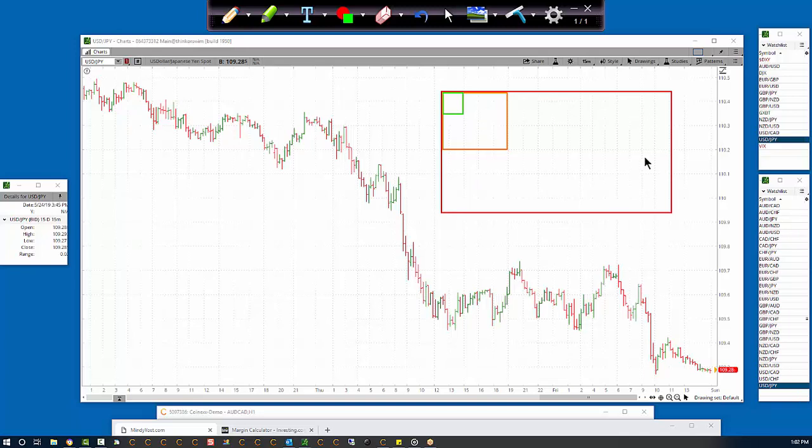But since I'm controlling the 100,000 US dollars, that means I get the benefit if the market moves in a way where I'm making money. But it also means that I have the entire downside risk if that trade goes against me. Okay?